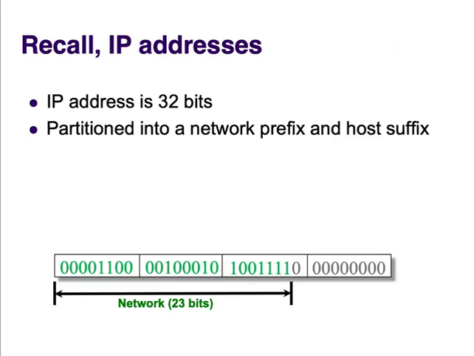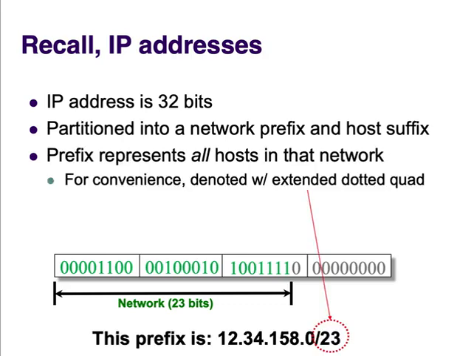So just a quick recap from Murphy's lecture. Remember, an IP address is 32 bits. You can divide them into a network prefix and a host suffix. And the way we hand out addresses, all the hosts in a network will share the same prefix. The important thing here is I can represent all the hosts in that network by just their prefix.